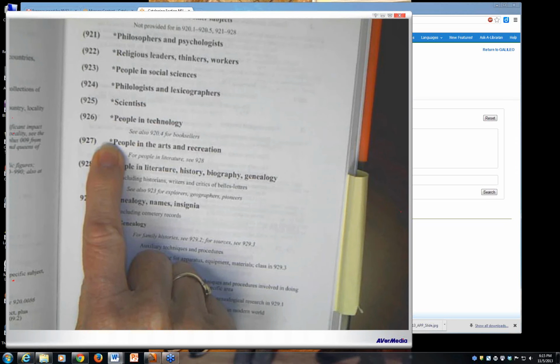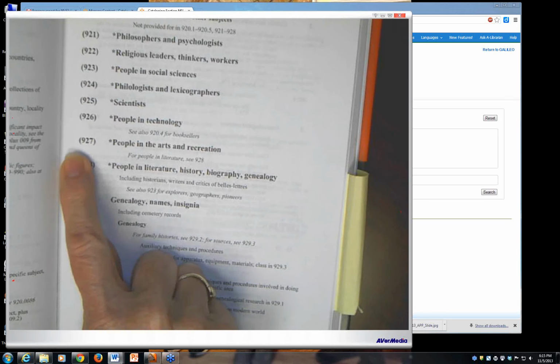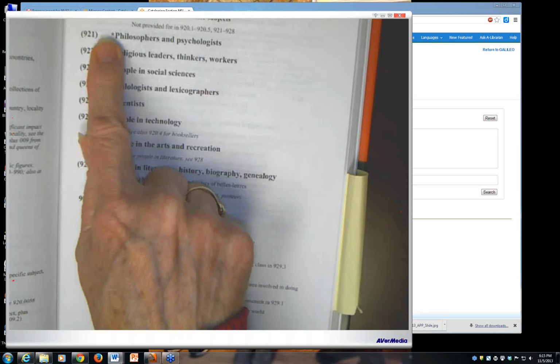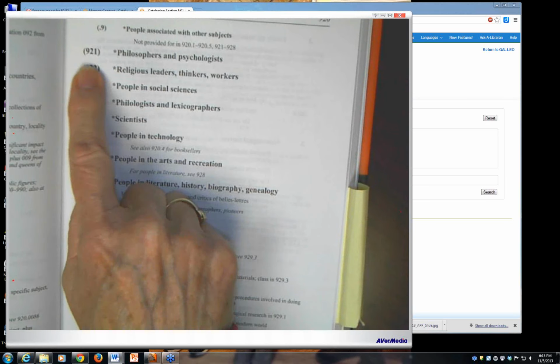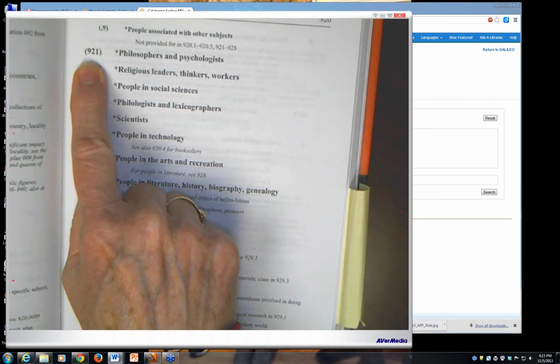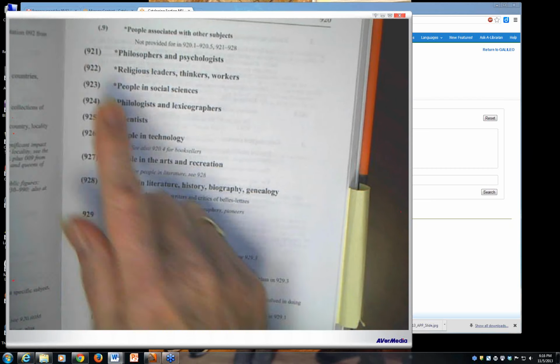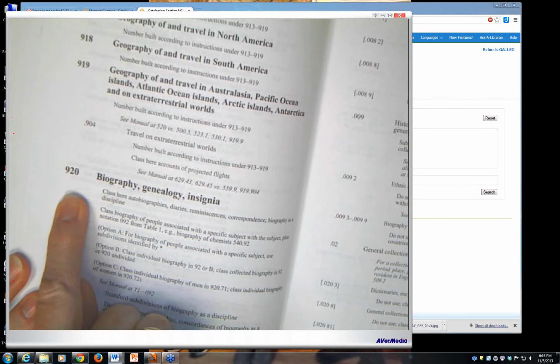You would probably put him in arts and recreation at 927 if you were following this pattern. In a lot of schools, you'll see that everybody is put for individual biography in 921, all of the biographies. In other schools, you'll see they're all put under 920, just generally 920.